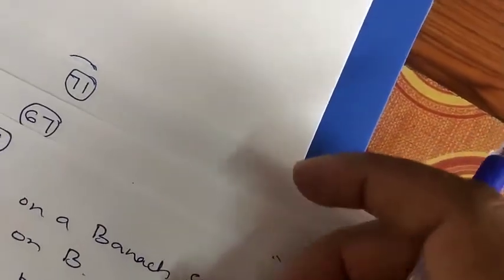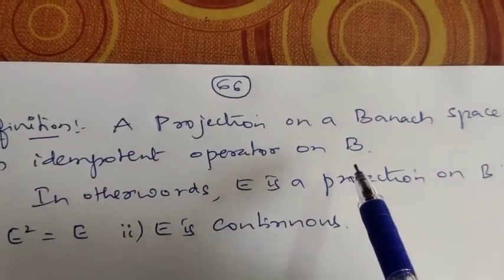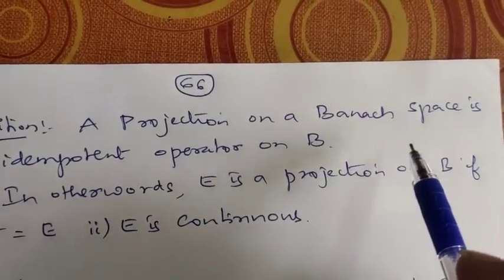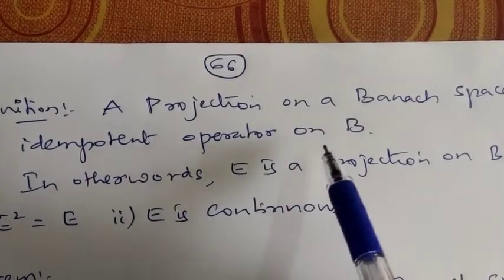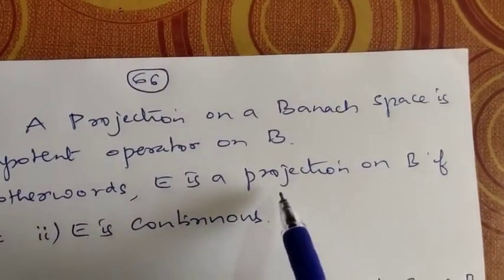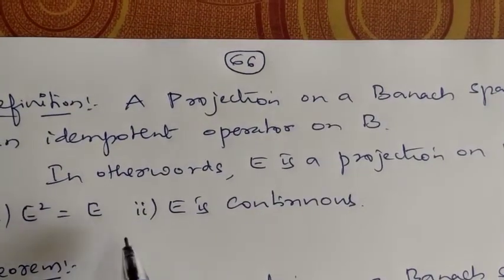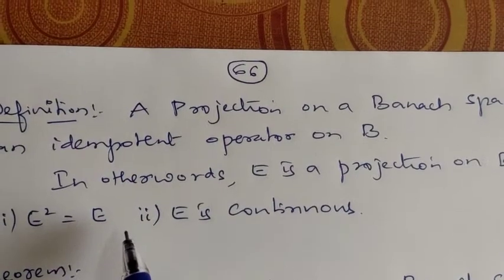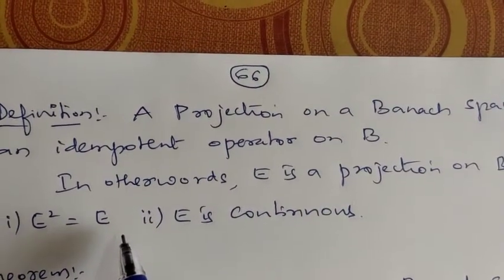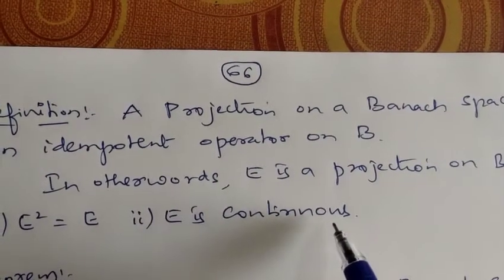A projection on a Banach space is an idempotent operator on B. In other words, E is a projection on B if and only if E square is equal to E. Okay, this is the definition for an idempotent operator, and E is continuous.